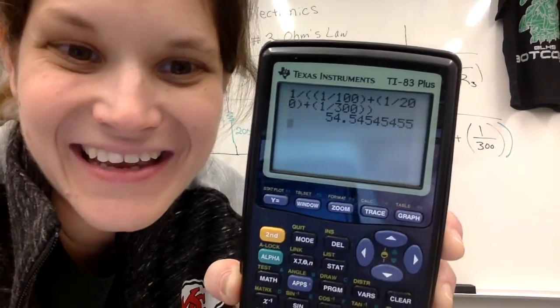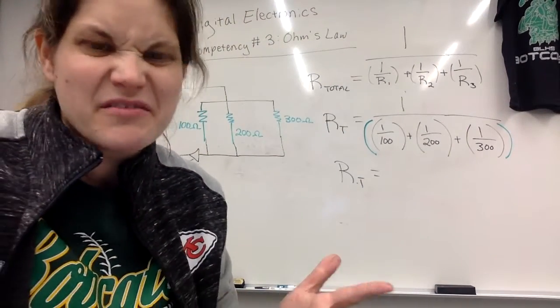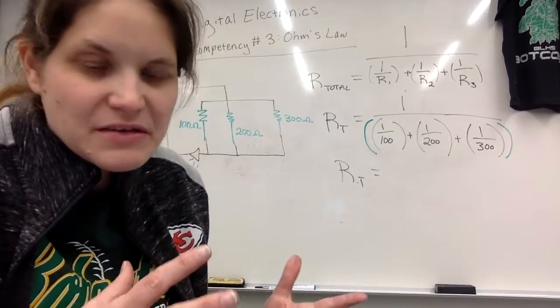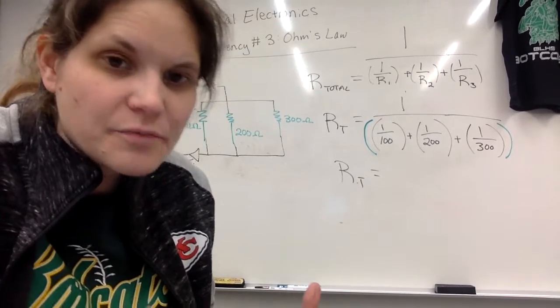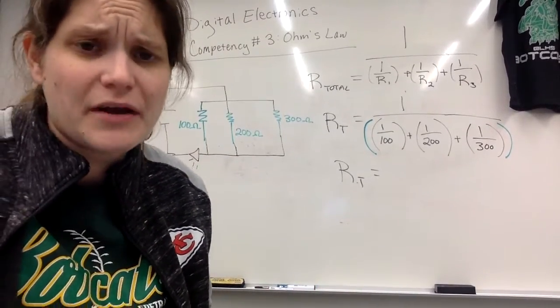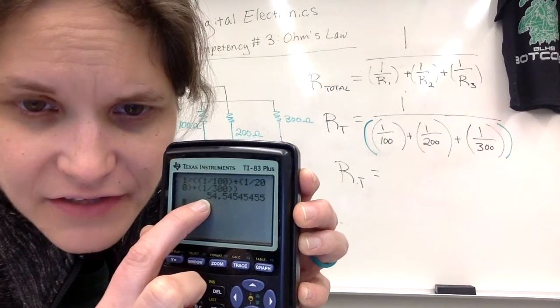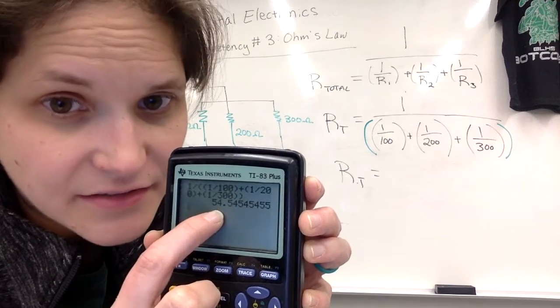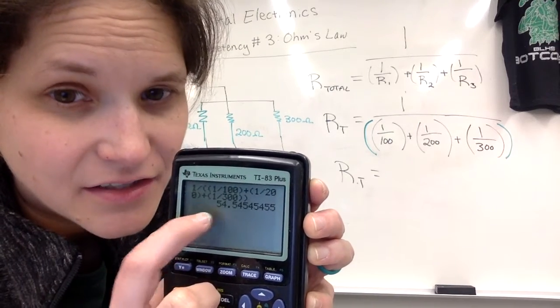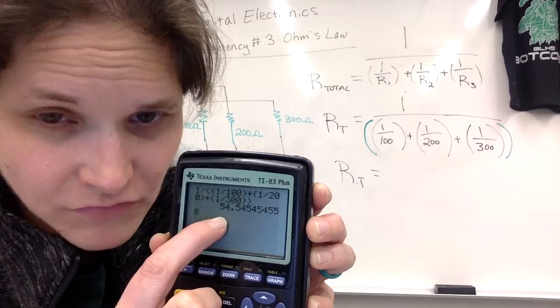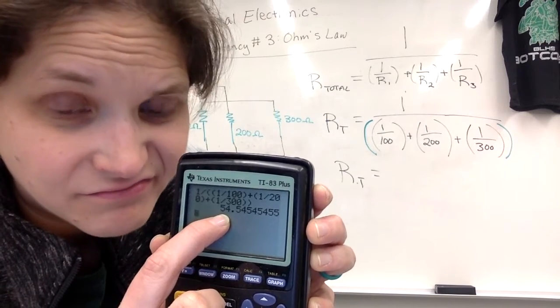54.54 repeating. So that's about 55 ohms. Maybe we could even just round that off to 50 ohms. Because if we round off after that first significant figure, 4 is less than 5, so that would have to round to 50, not 51 or 55.